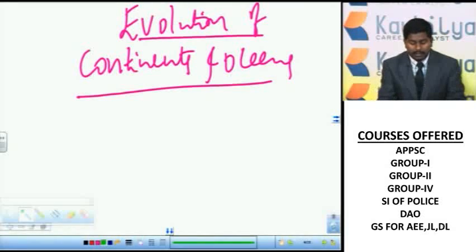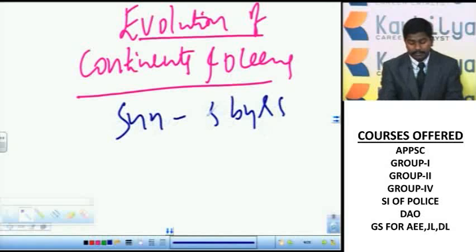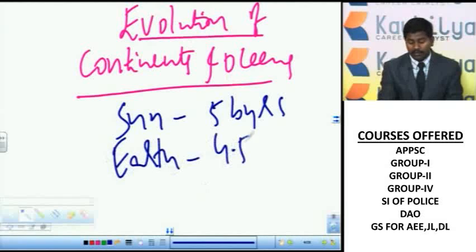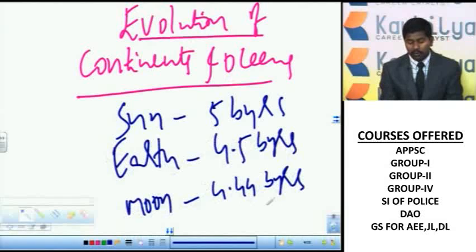The age of the sun is today 5 billion years. After the evolution of the sun, this Earth evolved at around 4.5 billion years ago. After that, the moon, the satellite of the Earth, evolved around 4.44 billion years ago.